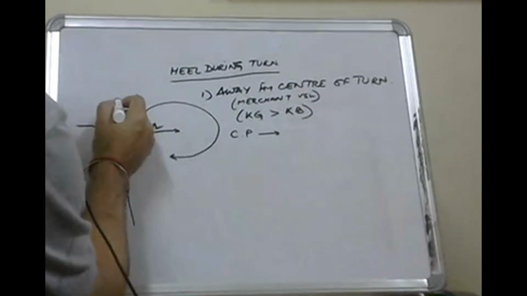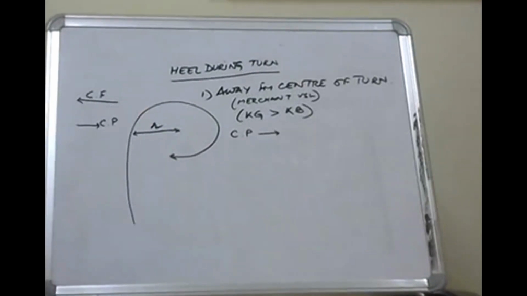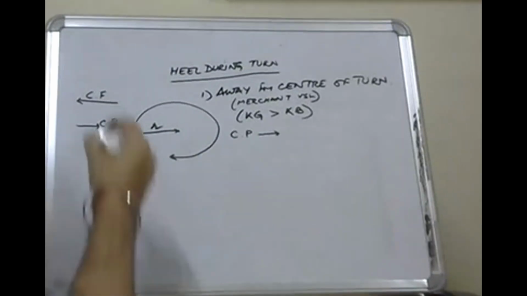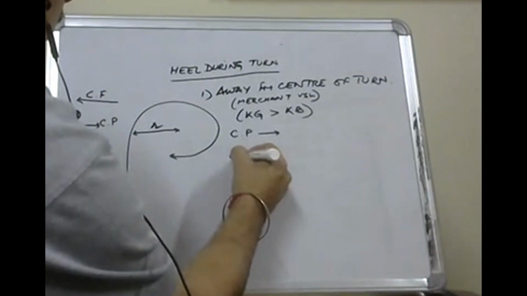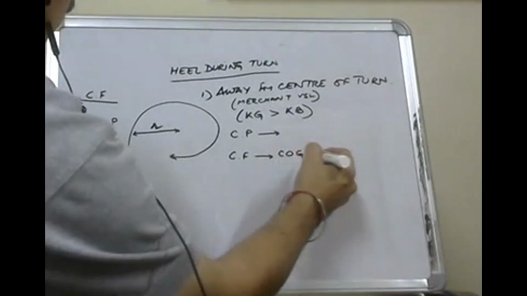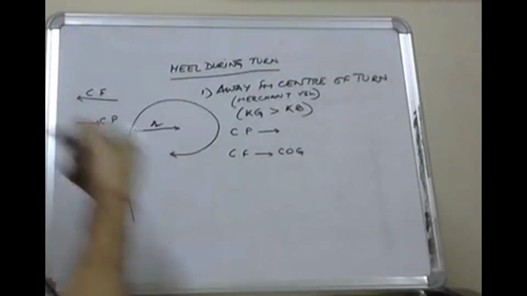Now where is this centrifugal force acting, and through which point is it acting? The centrifugal force is acting through the COG of the vessel, the center of gravity of the vessel, outwardly.